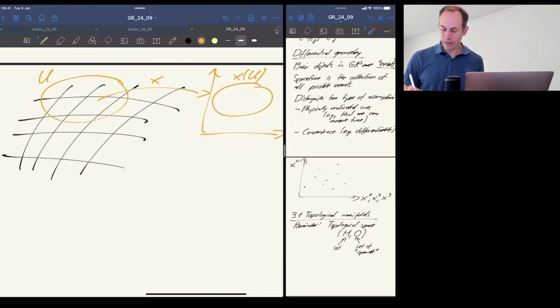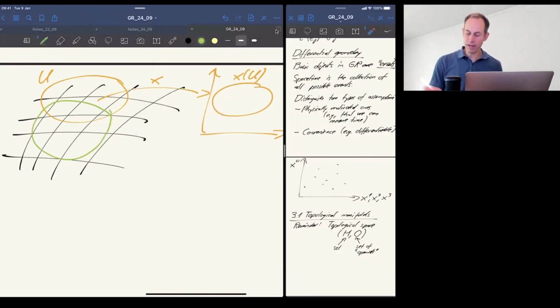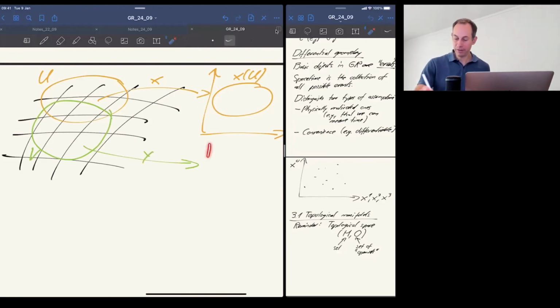And let's suppose I have another chart whose domain overlaps with the domain U. I call it V, and it also has a chart map, which I call Y, and it maps again to R^D. So the things on the right-hand side should be R^D.